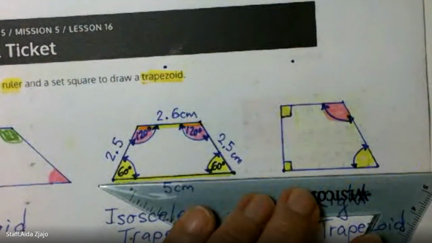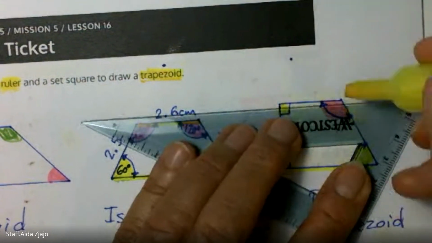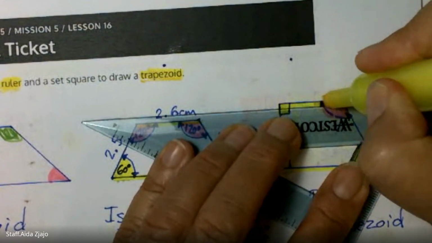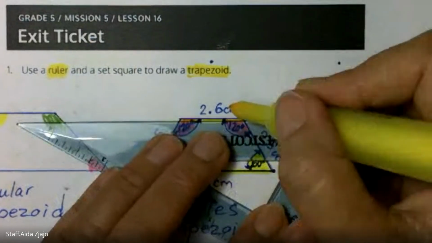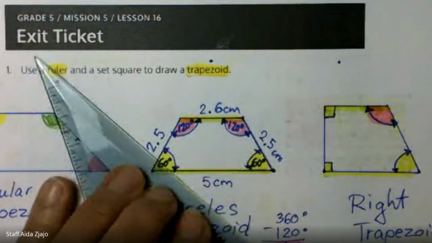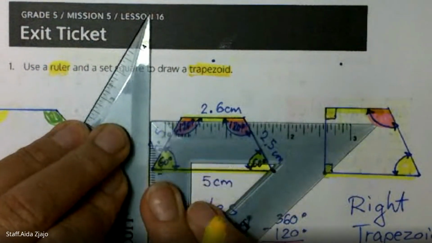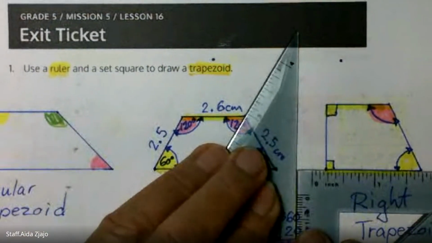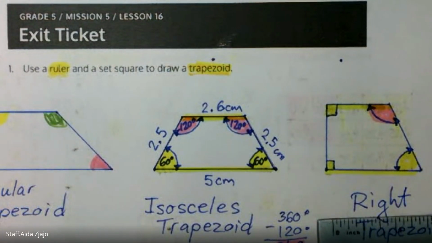This one is parallel to this, and then this one is parallel to this. You can use my ruler to check. Here, parallel, slide. These are parallel, slide. Right there.